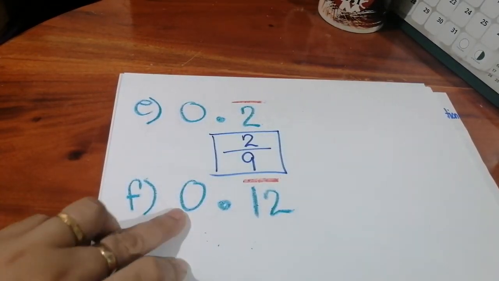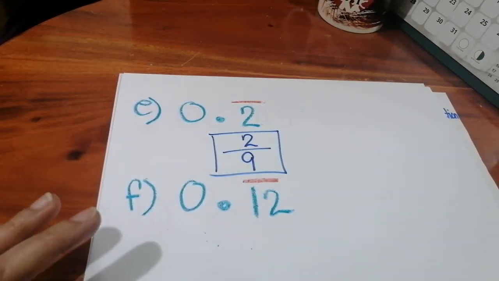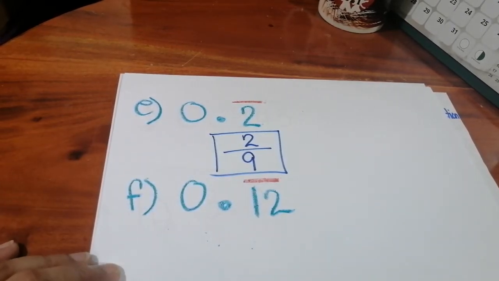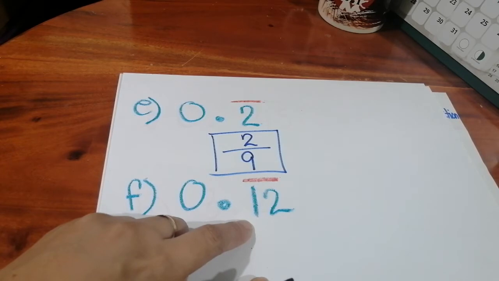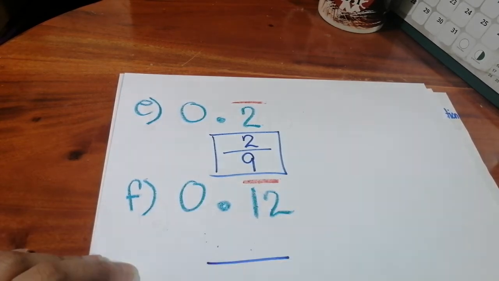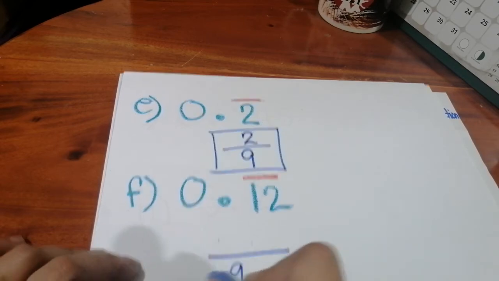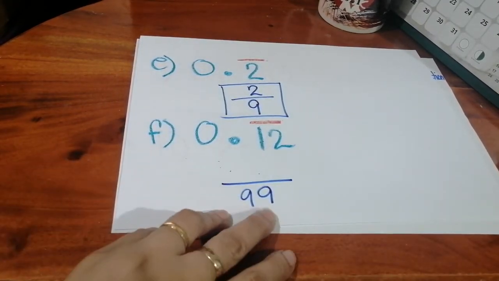Okay, next, this one, 0.12 with a line. So it's still non-terminating, and it's repeating. But this time, there are 2 digits after the decimal point, so there should be two 9s. Okay, so it's over 99 naman siya.